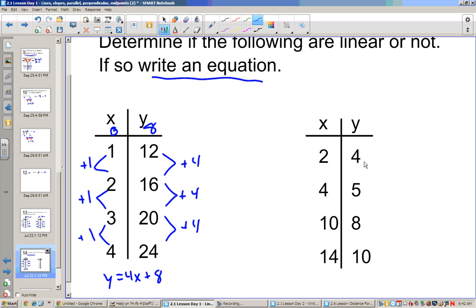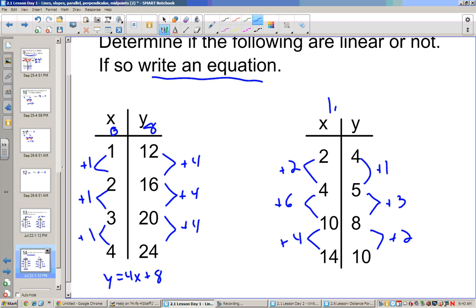Over here, we're going up by 1 and by 2. This goes up by 3, and this goes up by 6. This goes up by 2 and 4. Now this is 2/4, 3/6, and 1/2. And since all those are equivalent, it is linear, just like this one. Now the slope is 1/2, as reduced as I can.